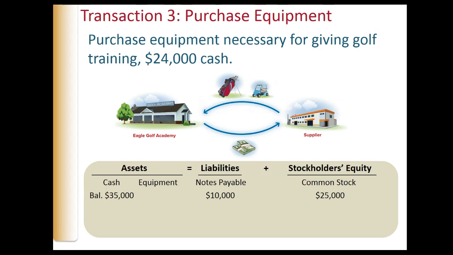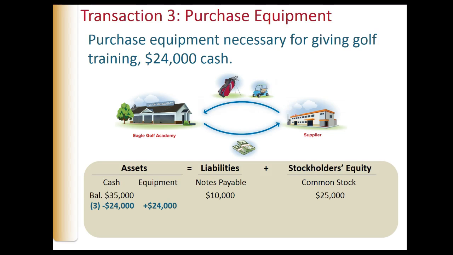What happens here? What's an account that's being affected? Equipment. Equipment is going up $24,000. But what happens to cash? Cash is going down $24,000. So purchasing one asset, equipment, with another asset, cash, doesn't have any effect on the accounting equation, does it?